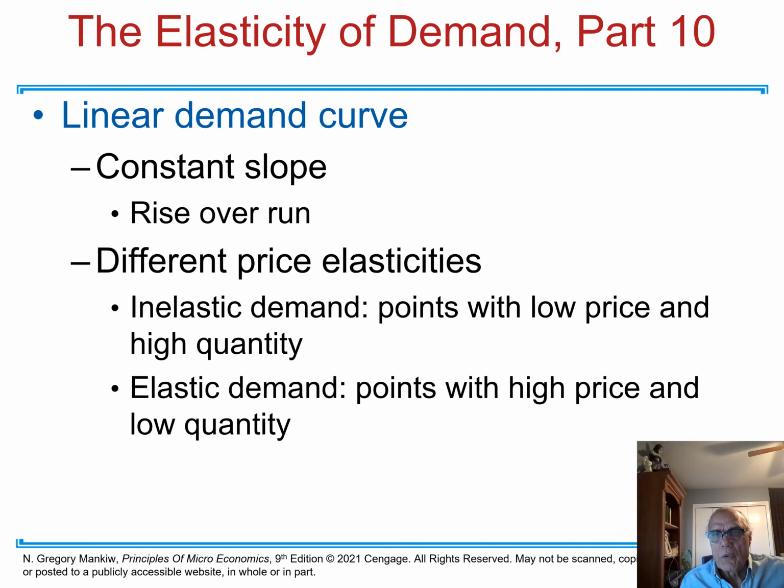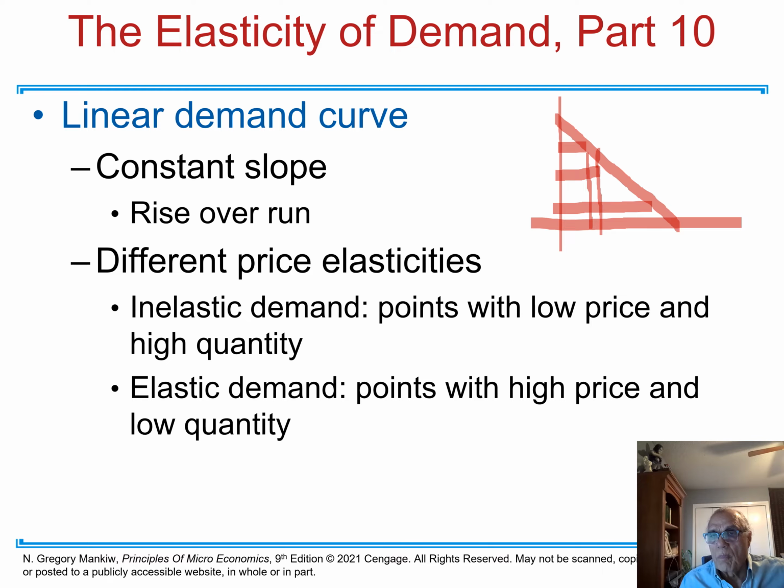How about the linear curve? Let's assume the demand curve is linear, with constant slope. The slope is the same, but the elasticity is not the same. The higher price has a higher elasticity.